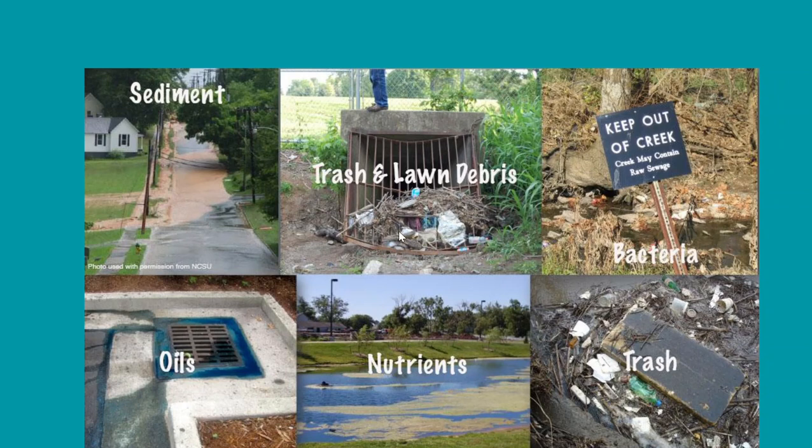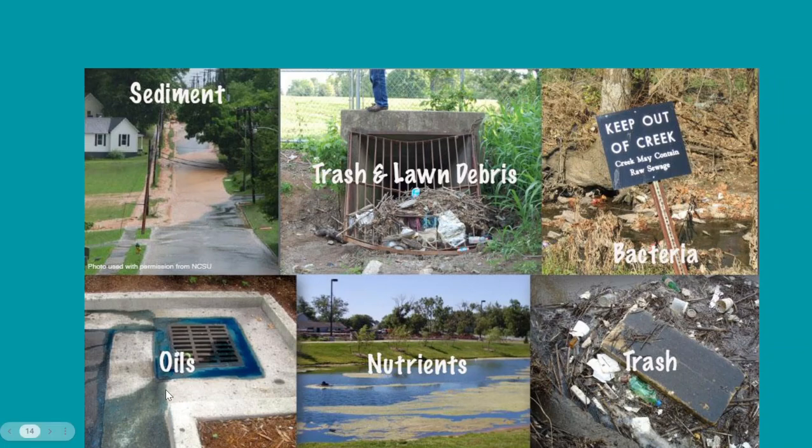So sometimes it's grass clippings and branches and things, but sometimes it's litter. Right, and this says actually creek may contain raw sewage. So every once in a while you'll end up with something that allows bacteria to overpopulate. There's always going to be bacteria in rivers and streams and creeks, but sometimes you have potentially dangerous bacteria.